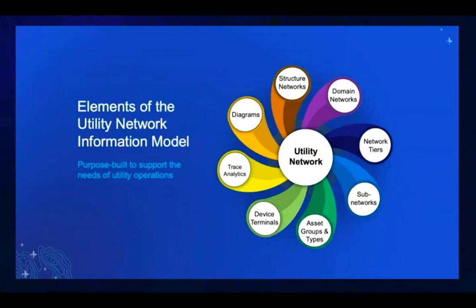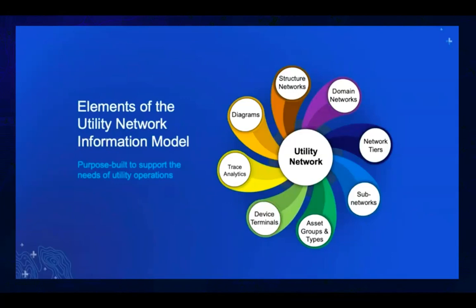So what I mean by that is, in the case of, let's say, a water company or water organization, the trenches that the pipes sit in would be structure networks. Or for an electric company, the poles that the wires pass on would be a structure network. It would be anything that supports the network, but not necessarily holds the elements of the network, right?